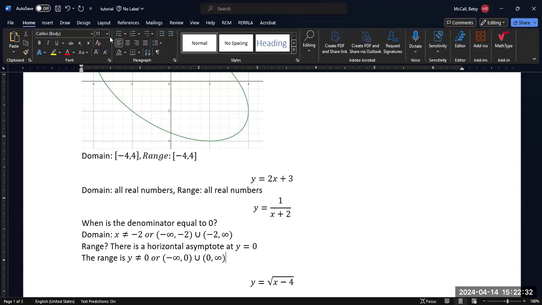Especially if you have multiple vertical asymptotes, that's very frequently happening. There may actually be a range of values that you can't satisfy, particularly if you have something in the numerator where you have a slant asymptote of some sort. So again, these are very complicated.